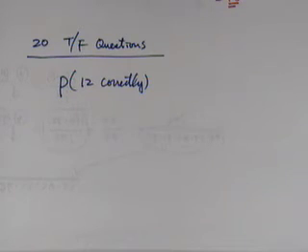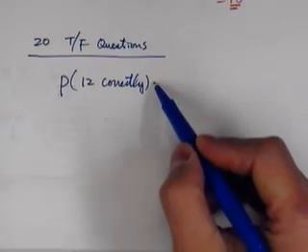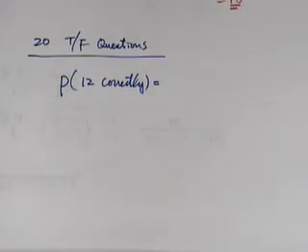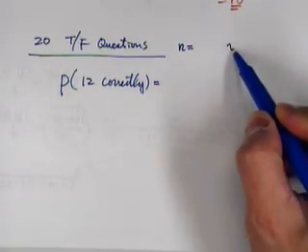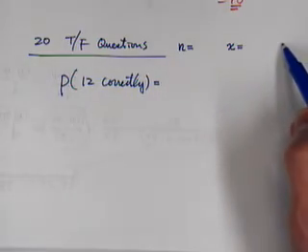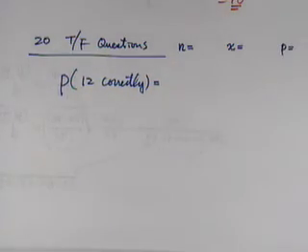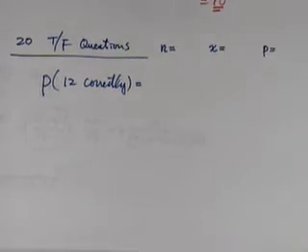Okay? So how do you solve this problem? To answer 12 correctly. It's a binomial experiment, you know that, right? Every time you're just guessing. Now, for a binomial experiment, we need to know what n is, what x is, and what p is in order to use that formula. What is n in this problem?